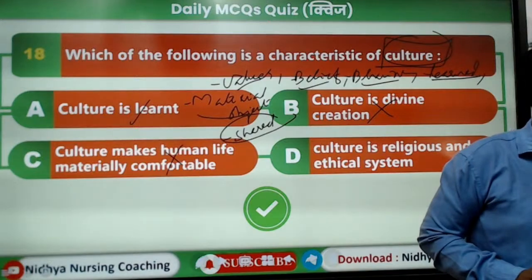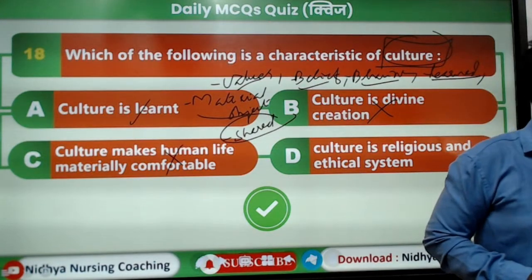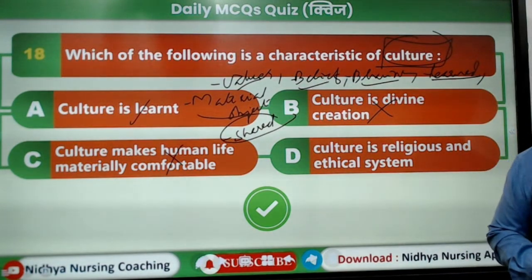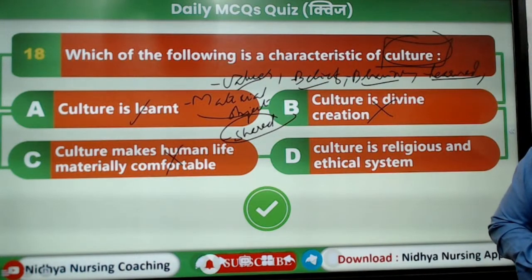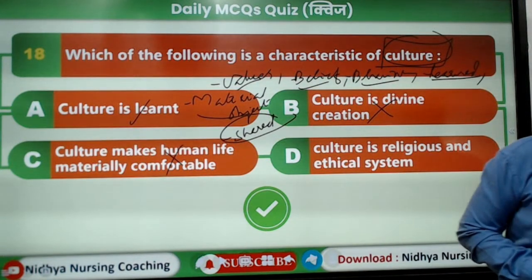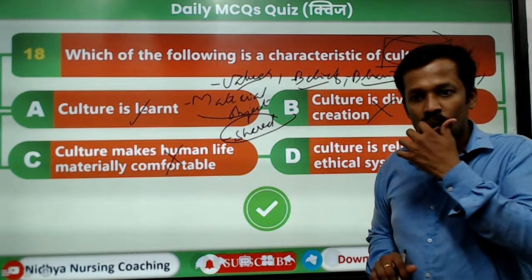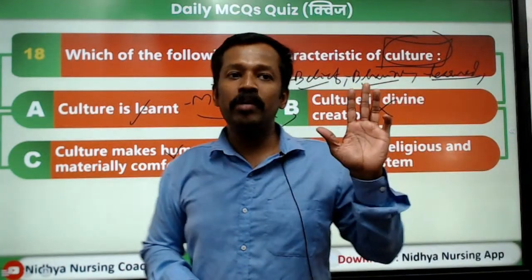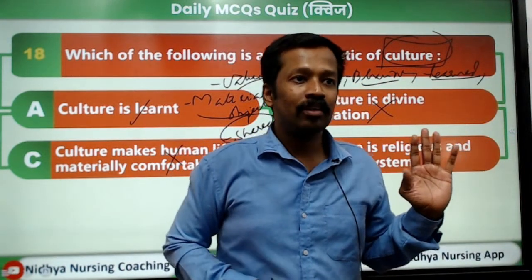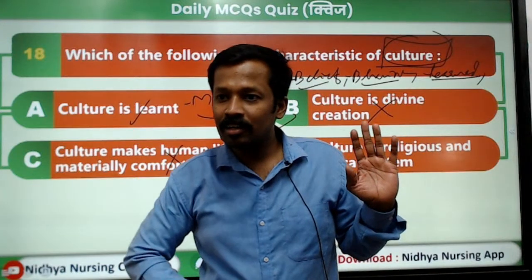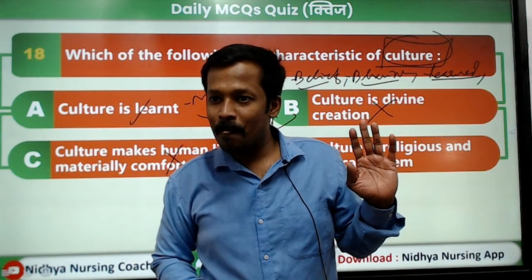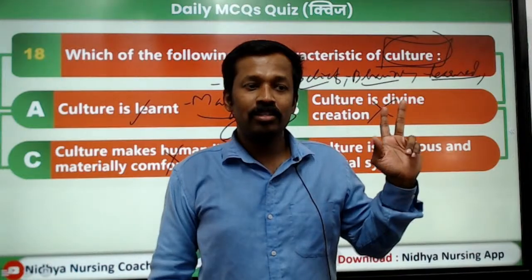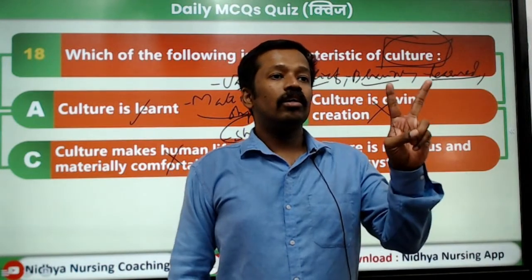Ethical means there must be justice. Culture and justice. For example, one boy and girl from different castes fall in love. Will the society accept? So is justice there? Got it?